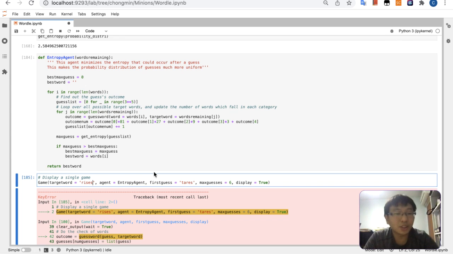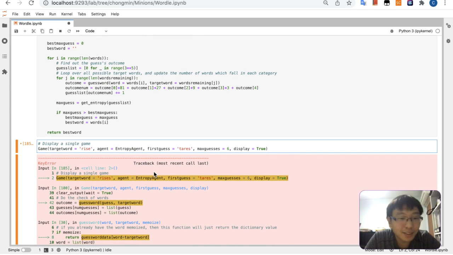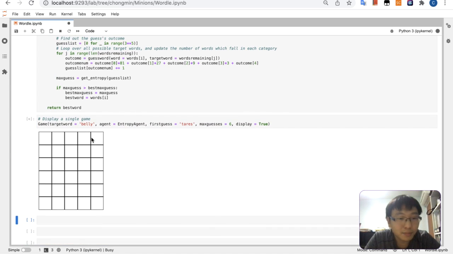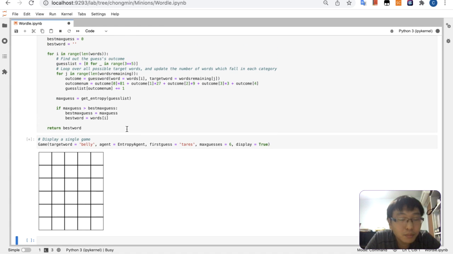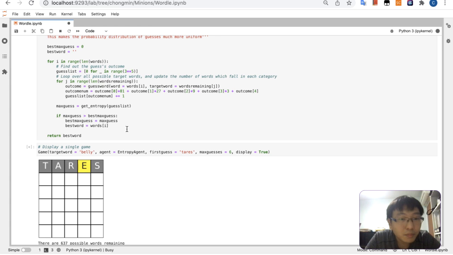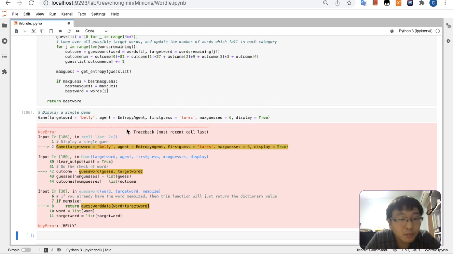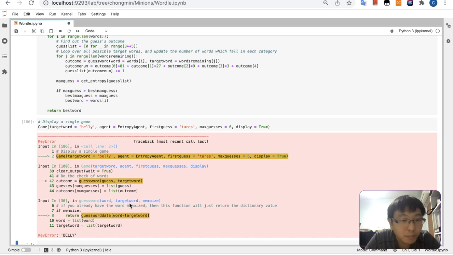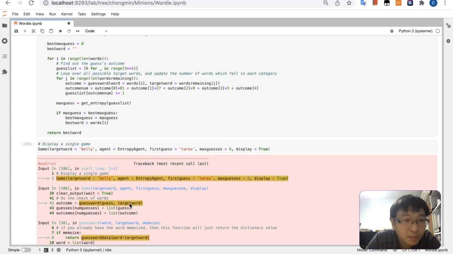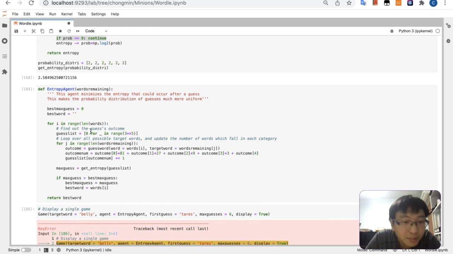Oh, you mean there's no such word as rises in the dictionary? Let's try belly again. Belly is not a word. Cannot be. I must have done something wrongly here.